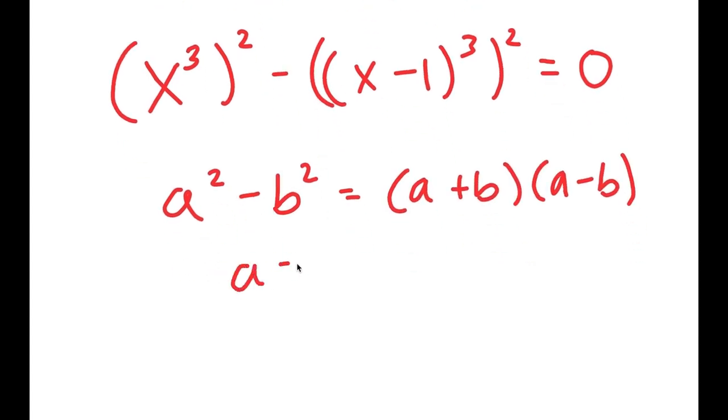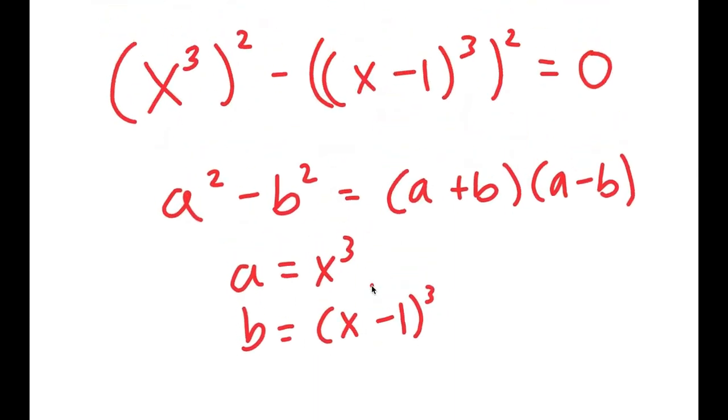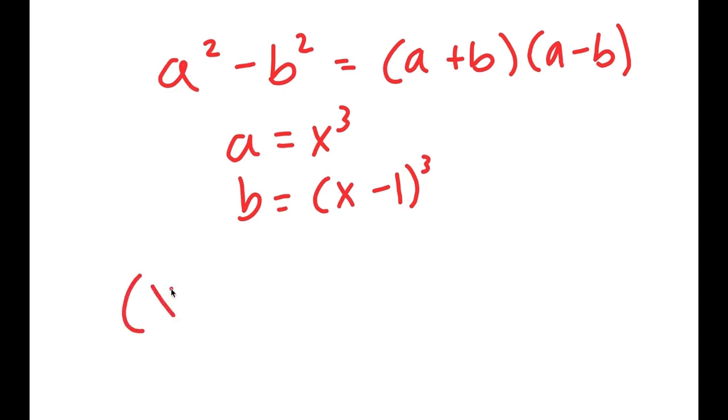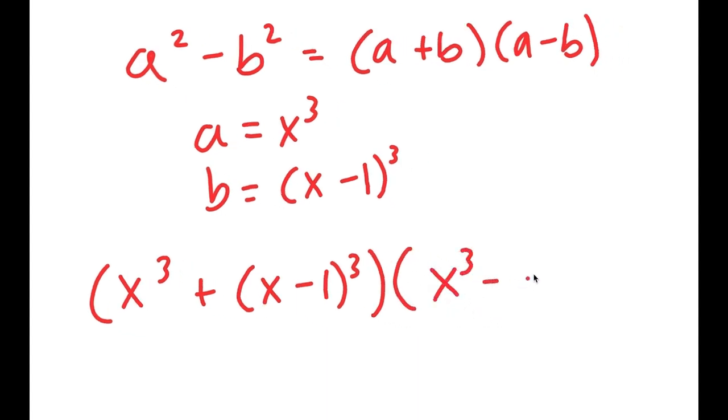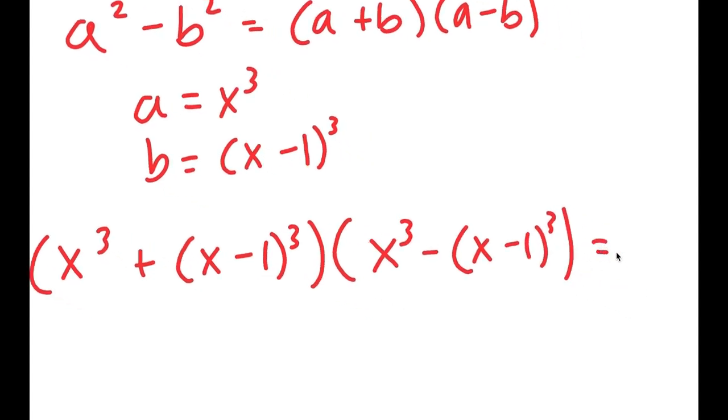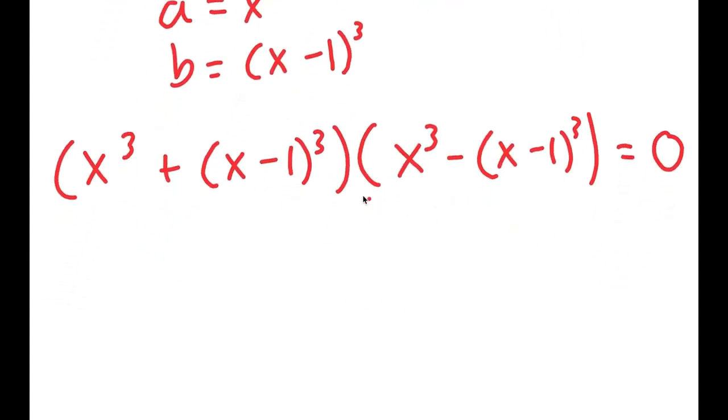So in this case, a is x^3, and b is (x - 1)^3. So I get (x^3 + (x - 1)^3) times (x^3 - (x - 1)^3) is equal to 0.